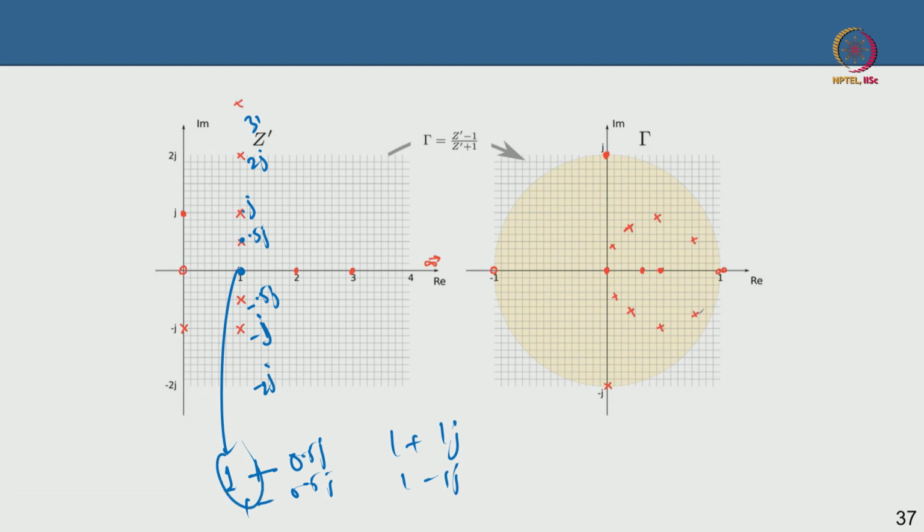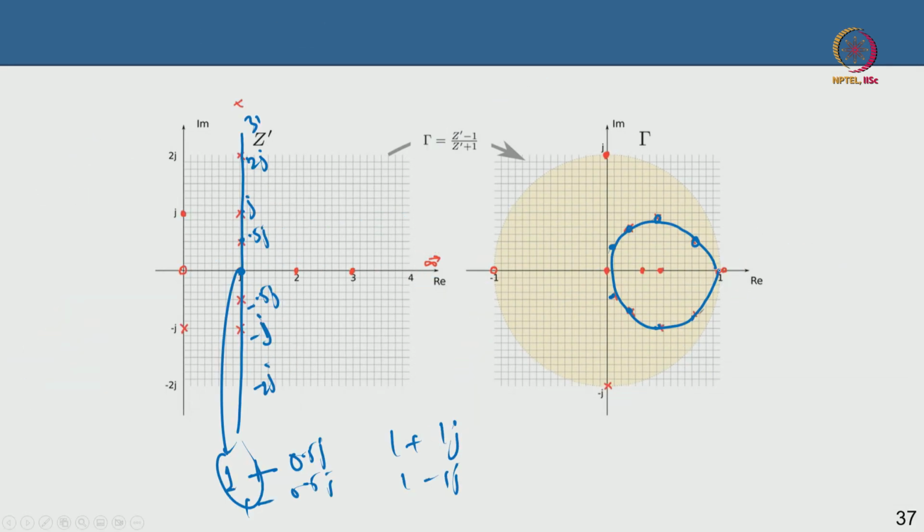The real part is constant, but I am changing the imaginary part, which is this line. If I take each and every value of this, they will fall here, here, here, here. This will form a circle. You can go and actually check this.